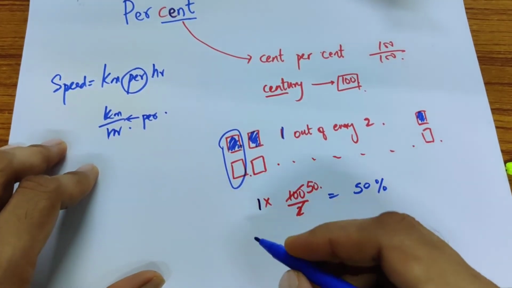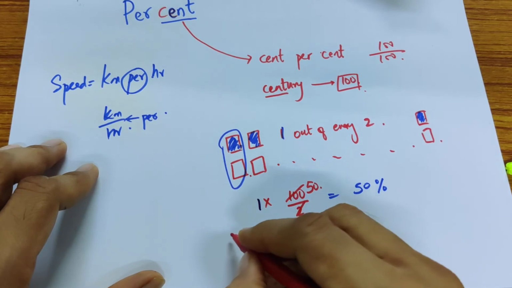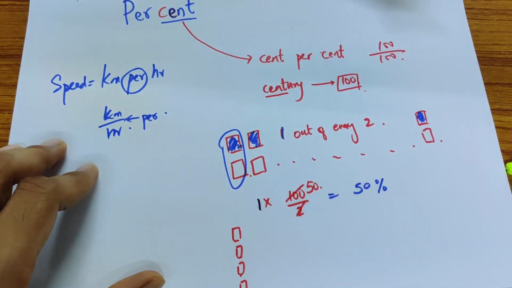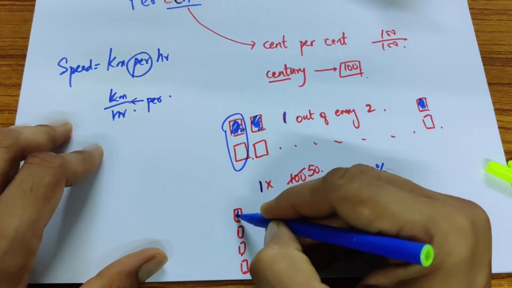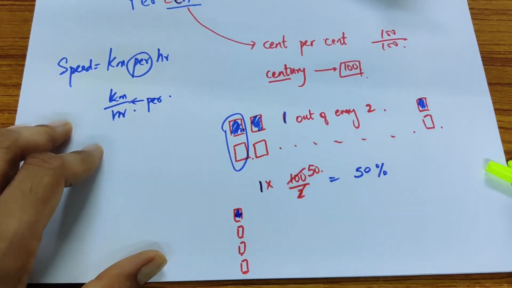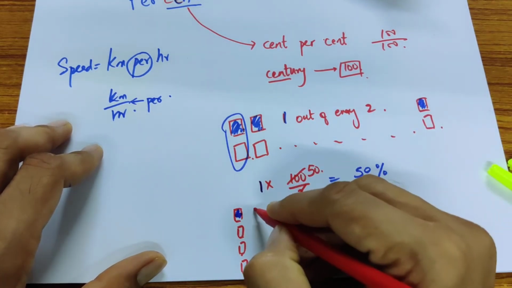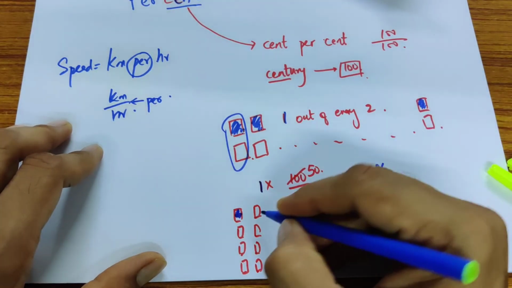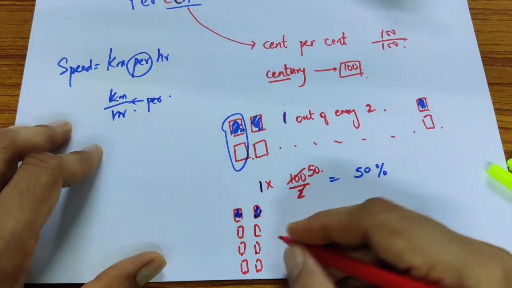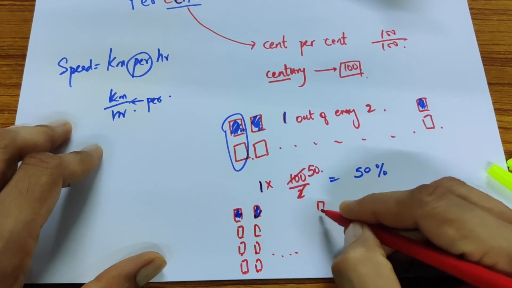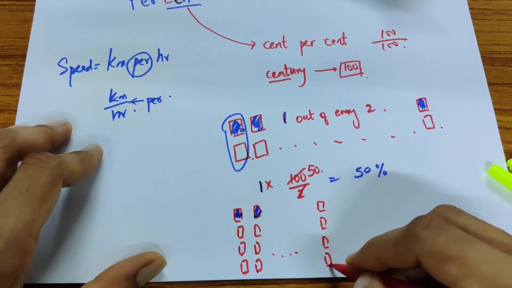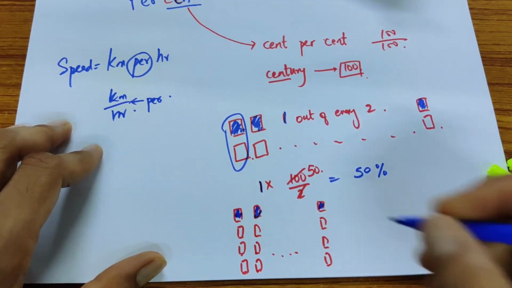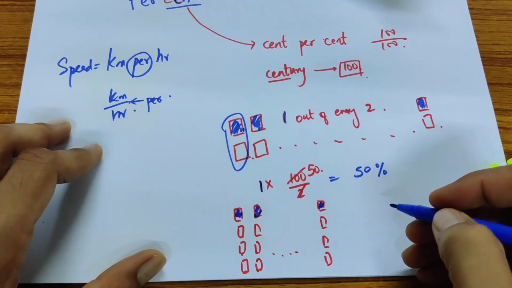Okay, so what if I had 1 out of 4? 1 out of every 4. Then how many of these will exist? So if I had 8, how many of these sets will exist? So here you will have 25 sets, right?